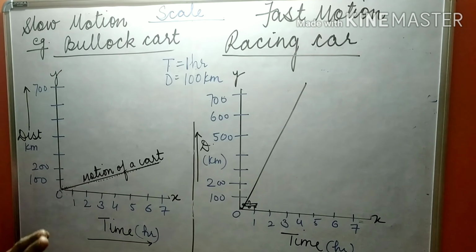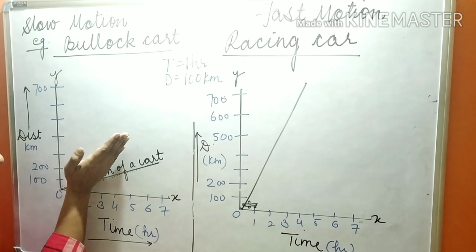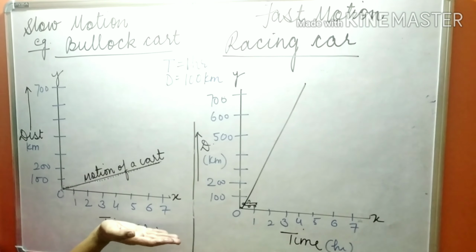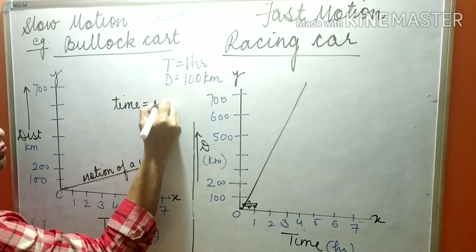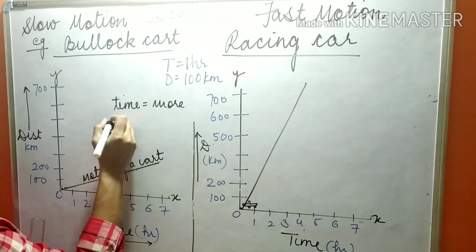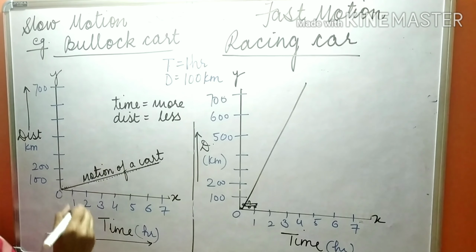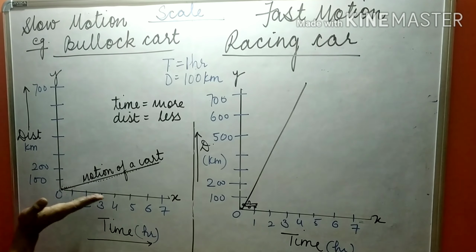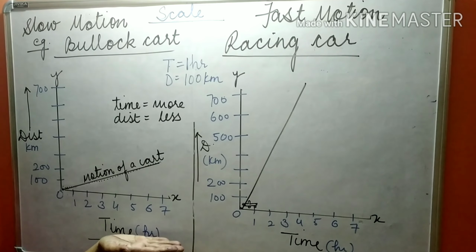If motion is slow, it means it is taking more time. So the graph is towards time. Fine. So time here is more, and distance it is consuming less. Slow, right? It will move slowly. So see, the graph is towards time.